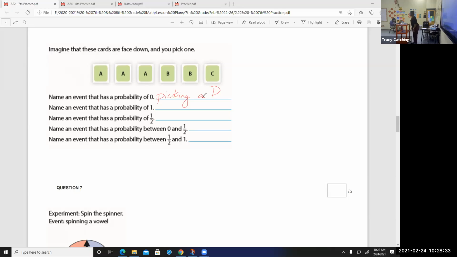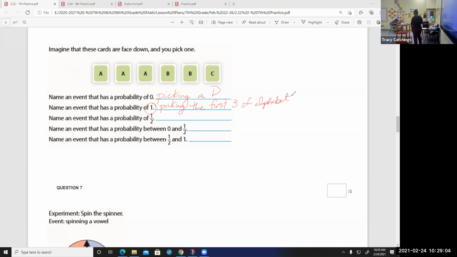What do you know about A, B, C? The first 3 of the alphabet. Yes. So on 1, we gotta talk about all of them. If I say A, that's only gonna look at 3. If I say C, that's only gonna look at 1. But I can say picking the first 3 of the alphabet. That'll be all of them.